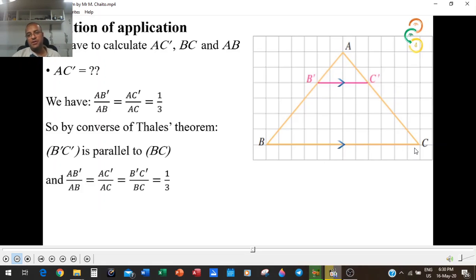How did we know that B prime C prime is parallel to BC? By the converse of Thales theorem, because we are given the ratios AB prime over AB equals AC prime over AC equals 1 over 3. So this means that B prime C prime is parallel to BC, and we can apply Thales theorem, which is AB prime over AB equals AC prime over AC equals B prime C prime over BC.